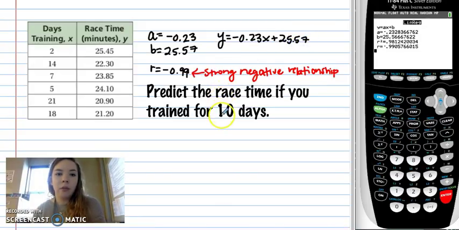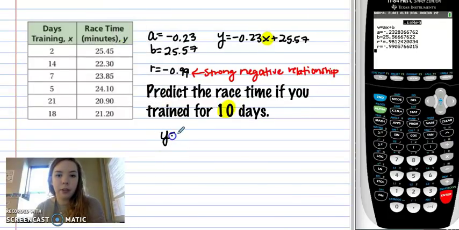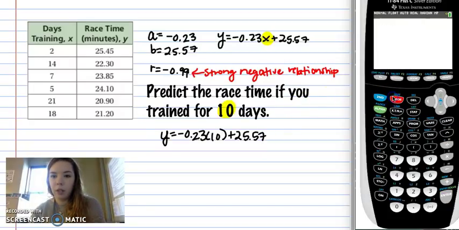Predict the race time if you train for 10 days. So again, 10 days is x. So I'm going to replace that with 10. So we'd have y equals negative 23 hundredths times 10 plus 25.57. So I'm going to type that into my calculator.